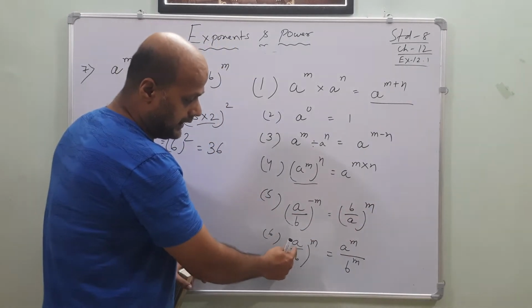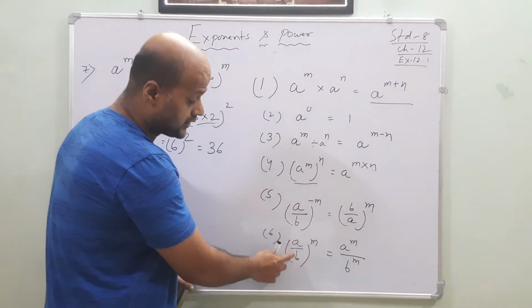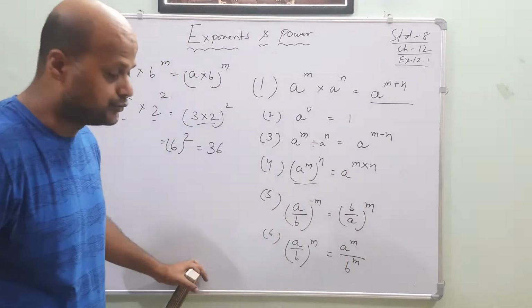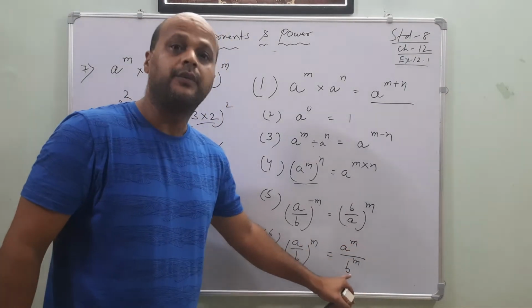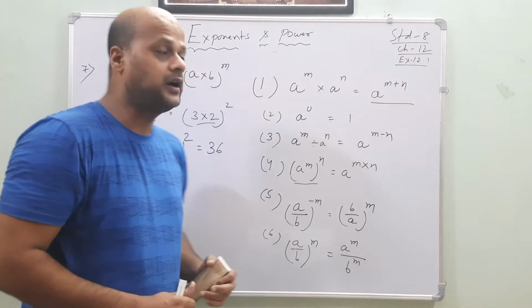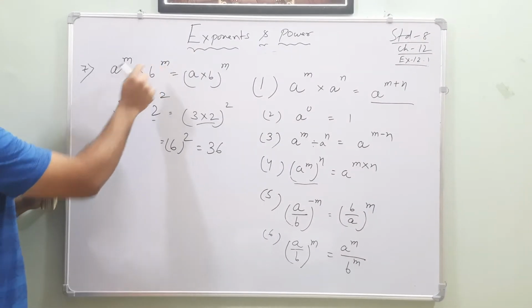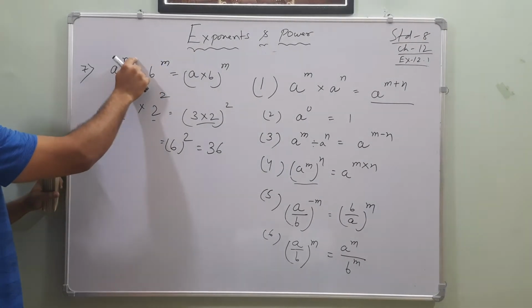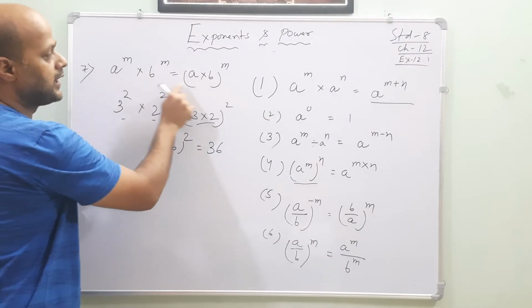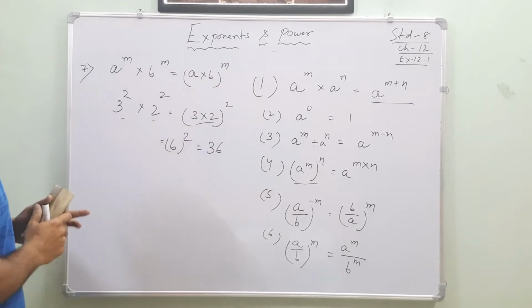Sixth one, a by b whole power of m means if numbers are divided with each other, you have to write a power of m and b power of m. Next one is what? When the powers are the same and the bases are different, a power of m into b power of m, then the bases will be multiplied: a into b whole power of m, in this manner.